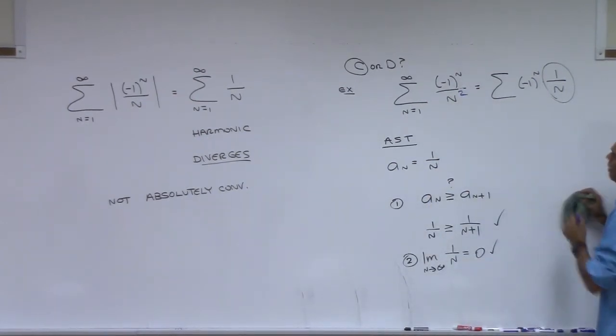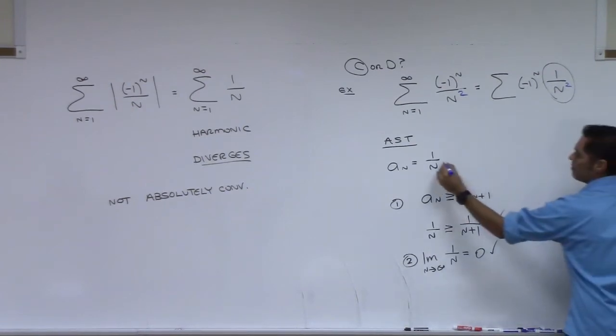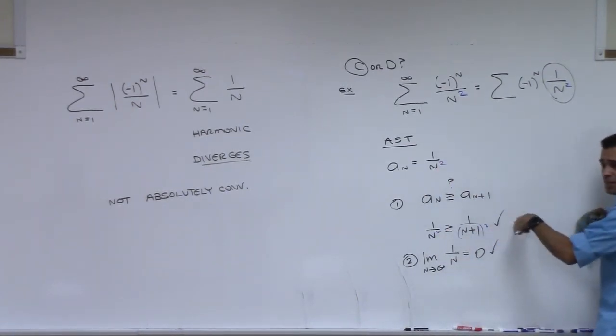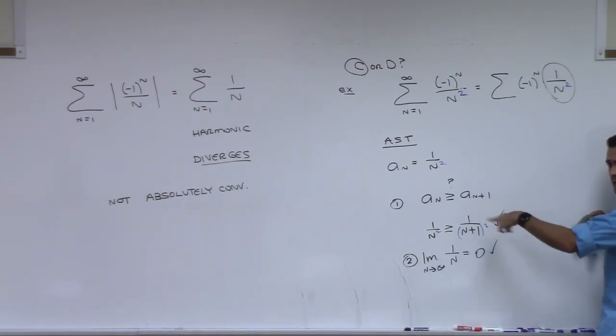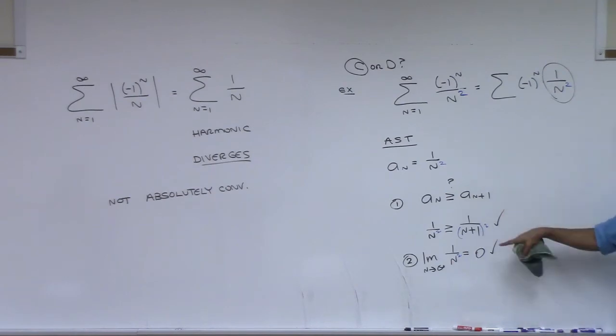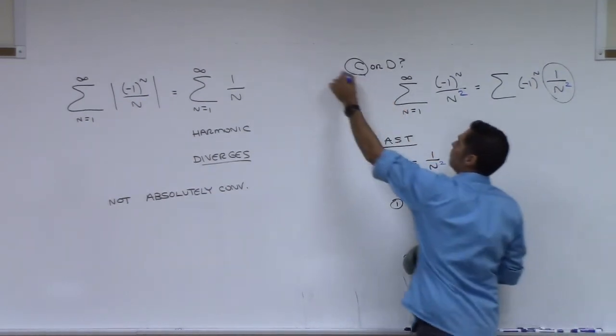Then this becomes this, that becomes that, that's squared. You can still check that this inequality will hold. You can do the algebra on that. 1 over n squared goes to 0, so it converges, right? So we would have convergence here.